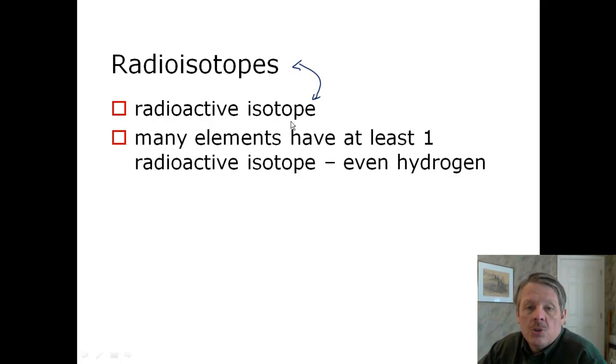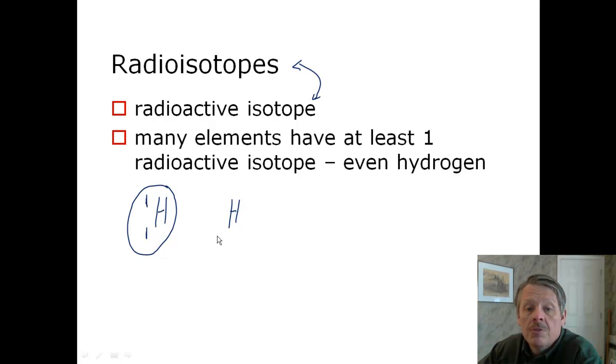Many elements have at least one radioactive isotope, even hydrogen. There are lots of radioactive isotopes, many of which do not exist in nature, some of which we create. But for example, hydrogen has one proton and it does not have any neutrons. So that's the most common one right there. So it has a mass of 1 and it has one proton.